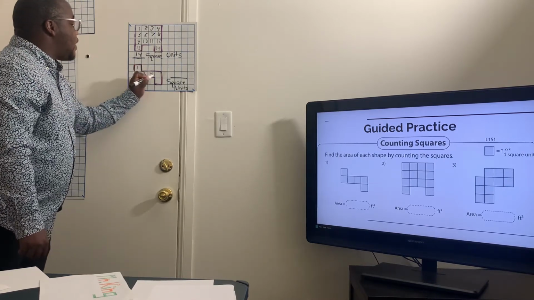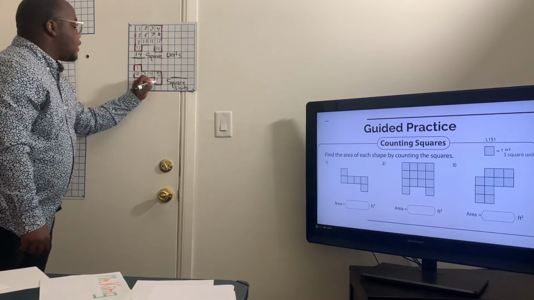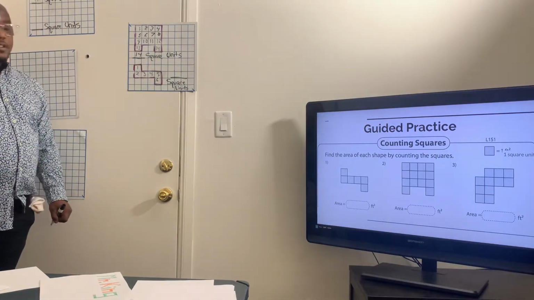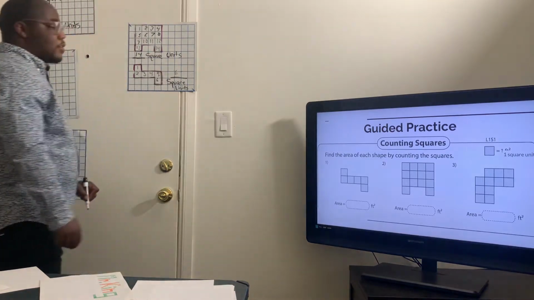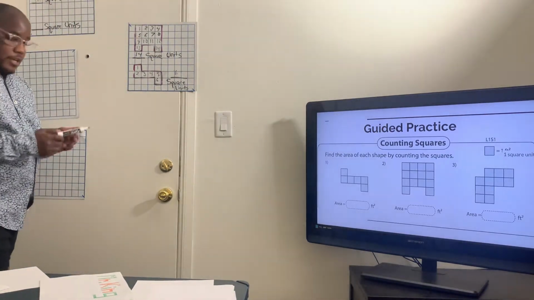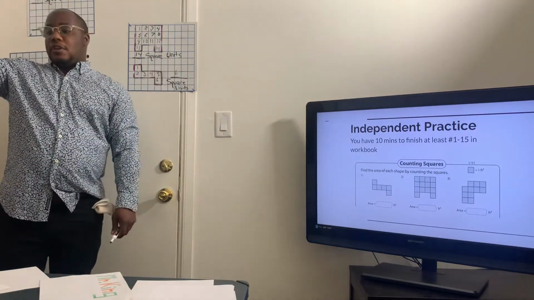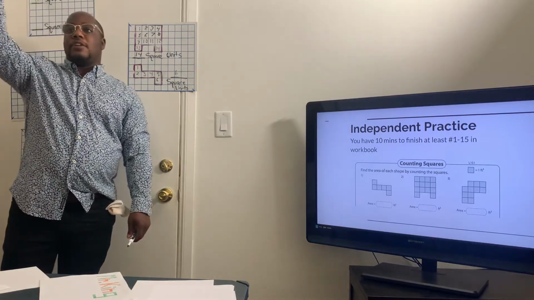Slow down. 6. So what is that one? 6 square units. Good. Thank you. Everyone understand this, class? If you understand, thumbs up. Let me see your thumbs.